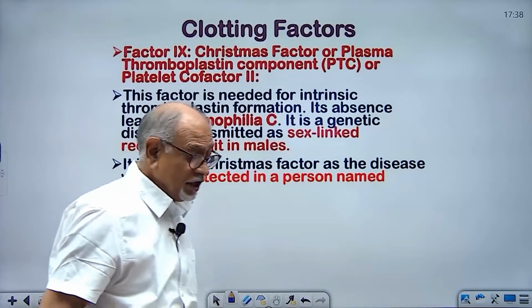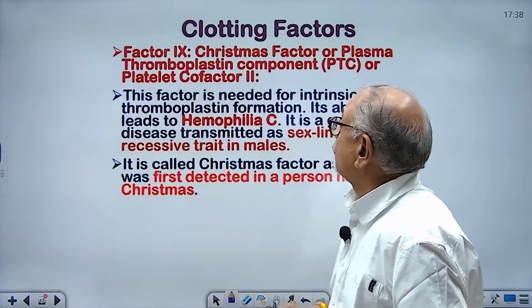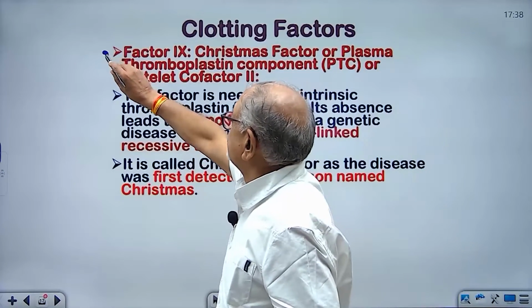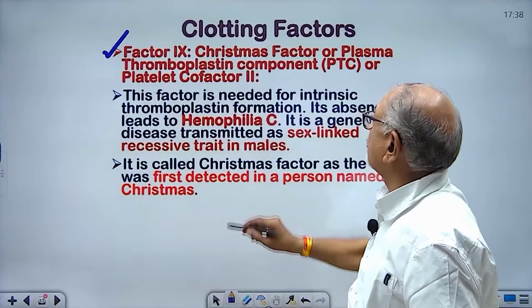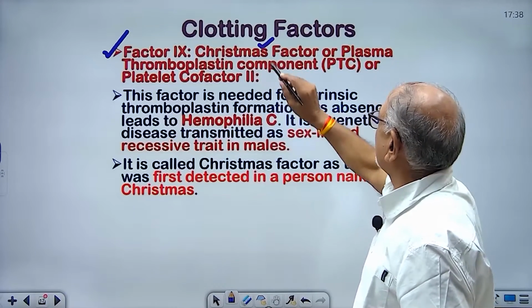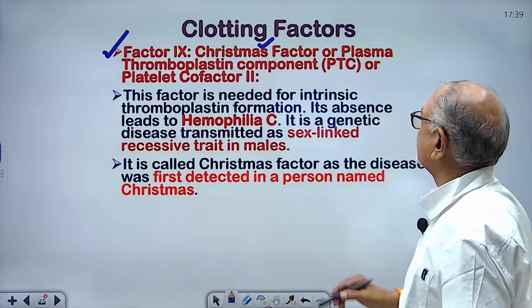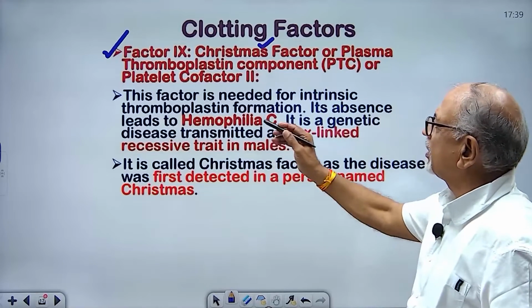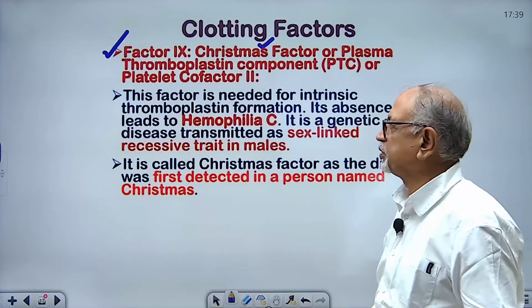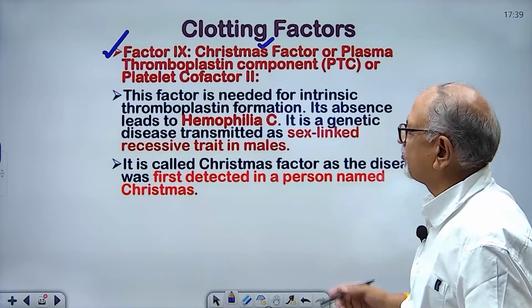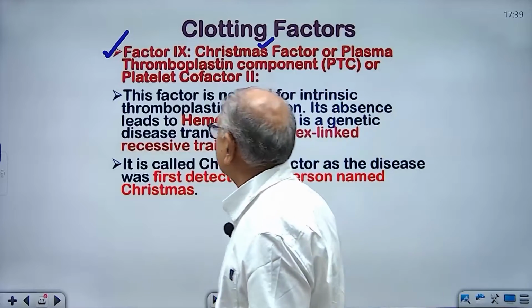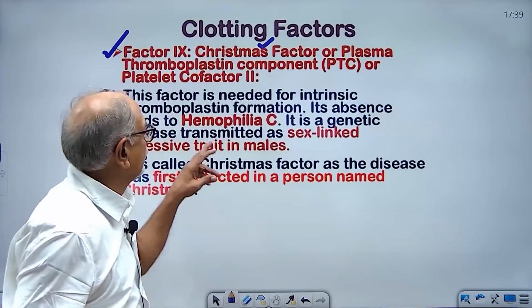Another factor is factor number 9. It is popularly called Christmas factor or plasma thromboplastin component, PTC, or platelet cofactor second. This factor is needed for intrinsic thromboplastin formation.